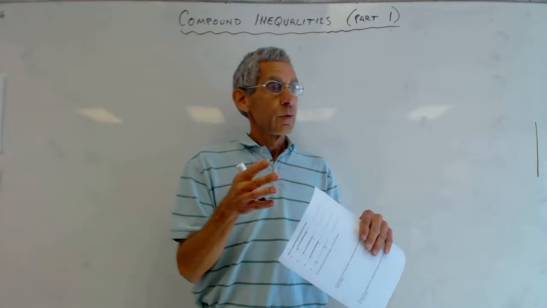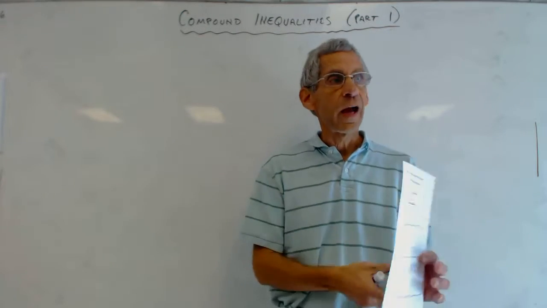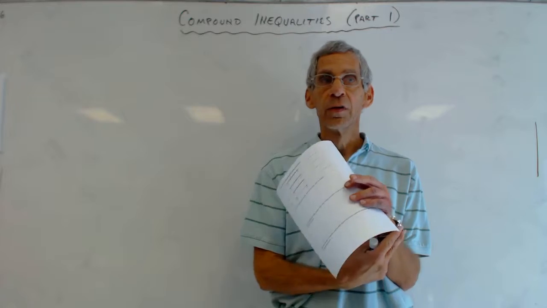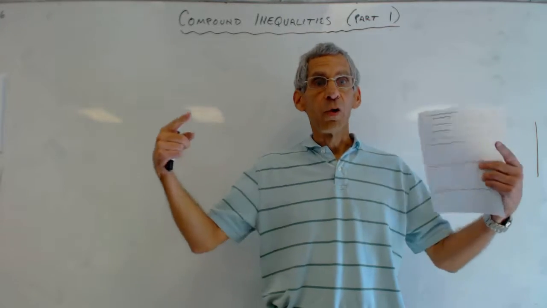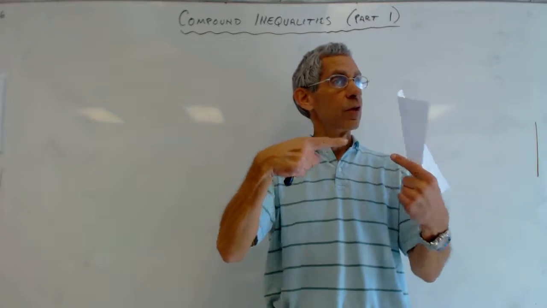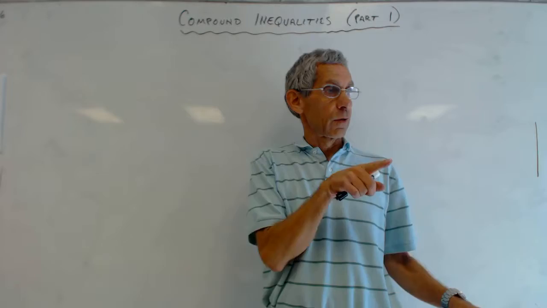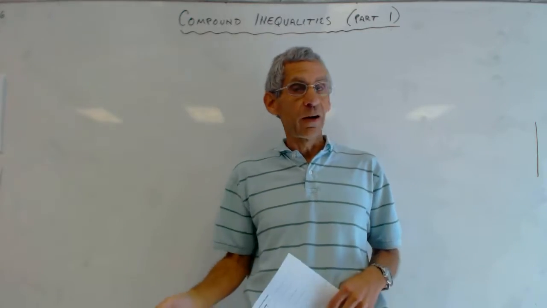When you have compound inequalities, you have different scenarios. They may start at two concrete points and go towards each other, or start at two concrete points and go away from each other, never touching. You have lots of scenarios.